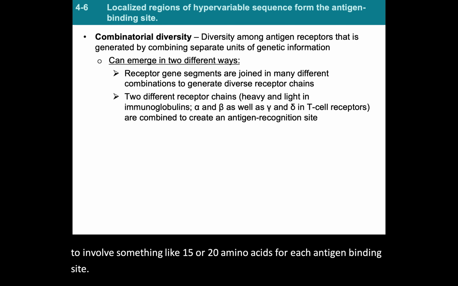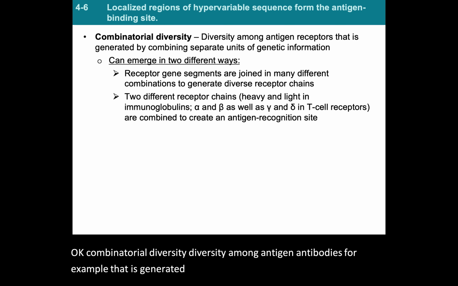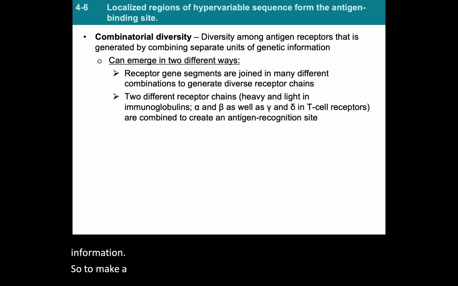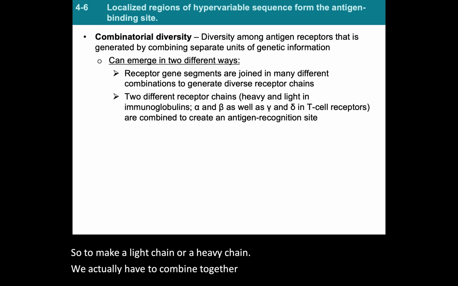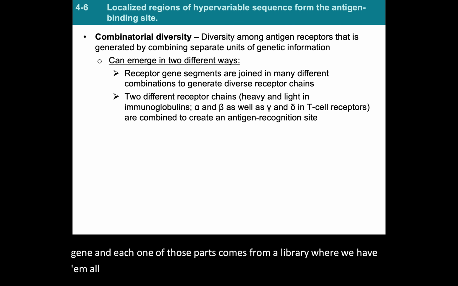Okay, combinatorial diversity. Yeah, diversity among antigen receptors, like antibodies, for example, that is generated by combining separate units of genetic information. So to make a light chain or a heavy chain, we actually have to combine together several different parts of the gene. And each one of those parts comes from a library where we have them all lined up right in a row in your DNA.